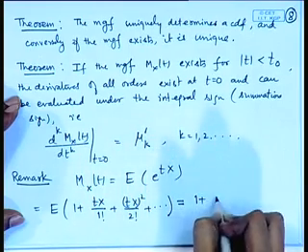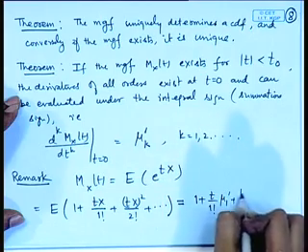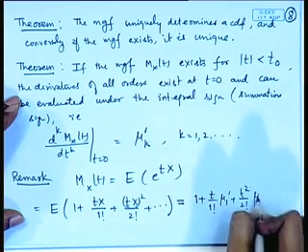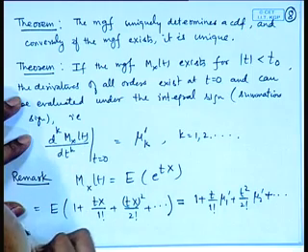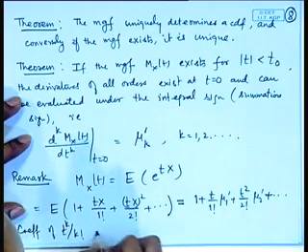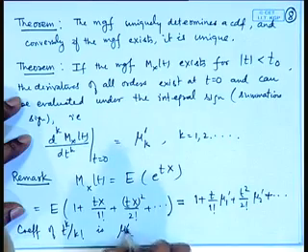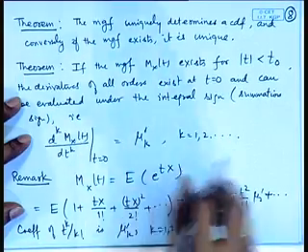This is equal to 1 plus t by 1 factorial mu 1 prime plus t square by 2 factorial mu 2 prime, etc. That means the coefficient of t to the power k by k factorial is the kth order non-central moment for k equal to 1, 2 and so on.